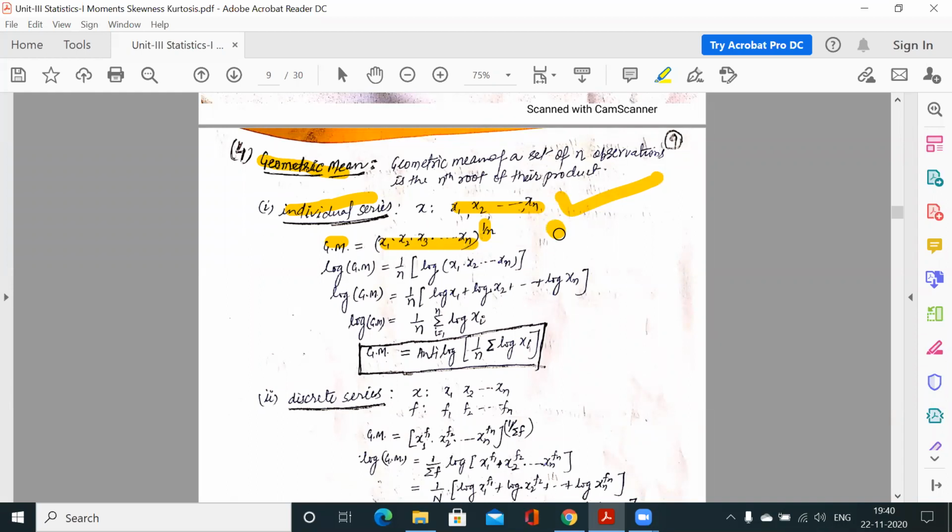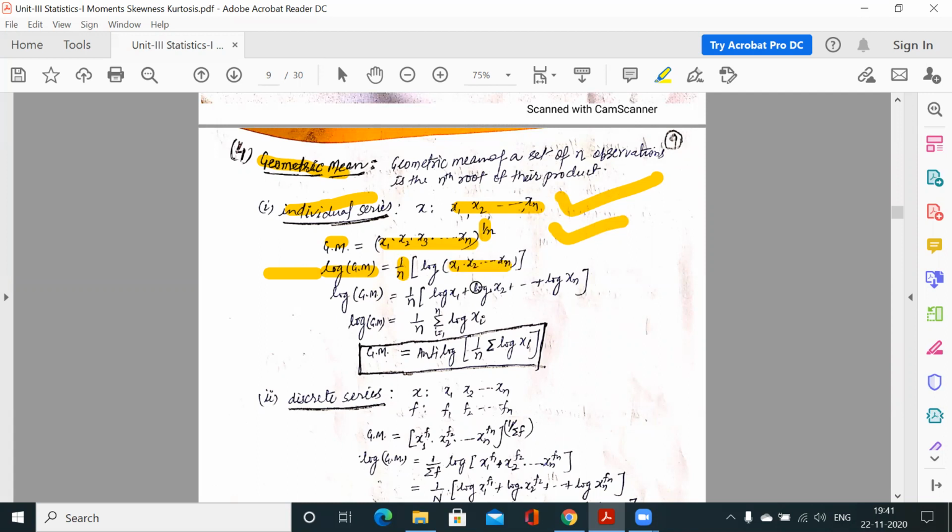So instead of calculating in this form, we apply the log property to make the calculation easy. Log of the geometric mean is equal to log of this, because these are two values which are equal. Taking the log of both, the log of m to the power n brings the power 1 by n out front, and then the log of the product.